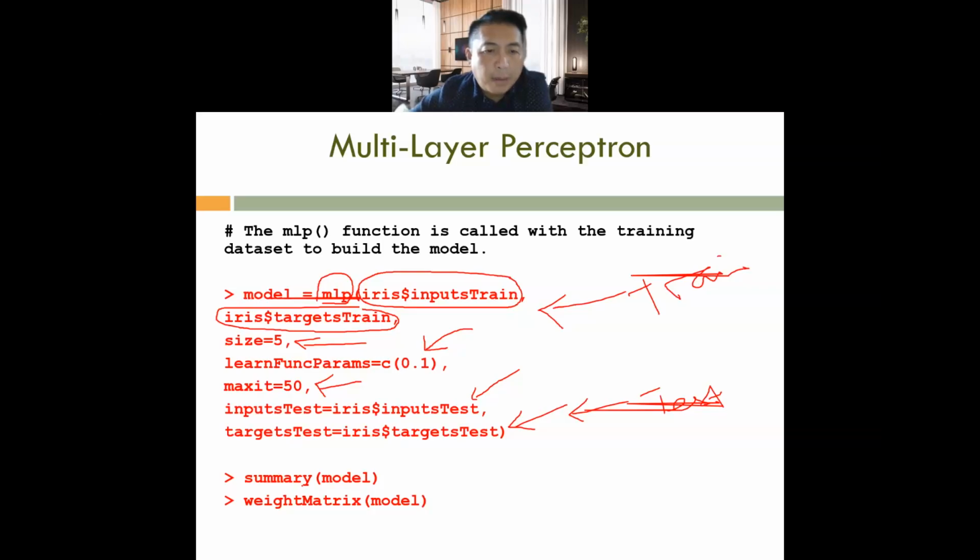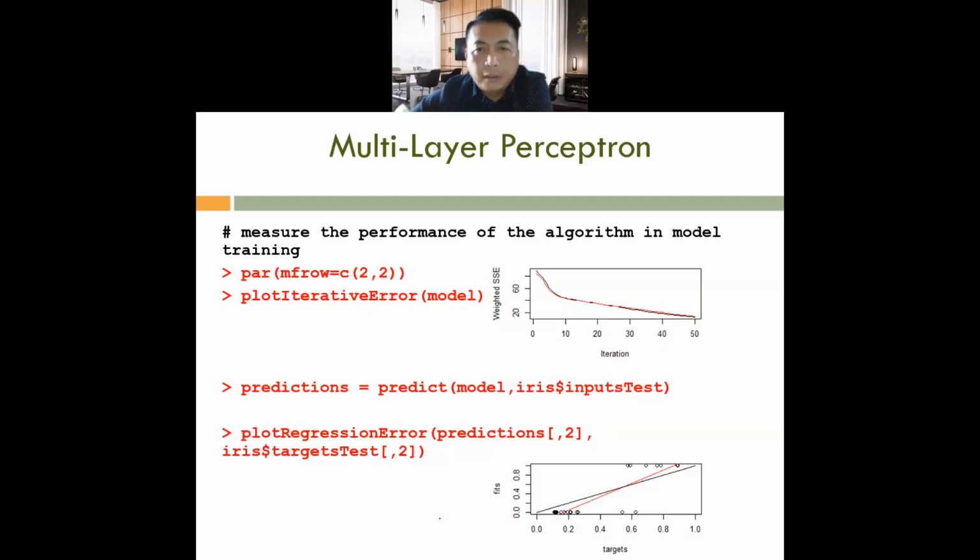So when we summarize the model and also look at the weight matrix, we have this graph. This graph is saying that the more iterations you have, the sum square error will be reduced. And also when you perform the prediction, this one will plot the regression error.